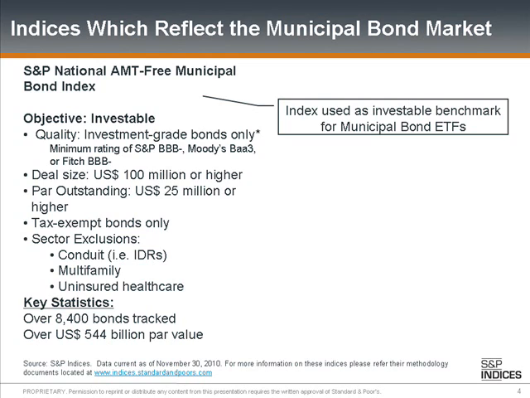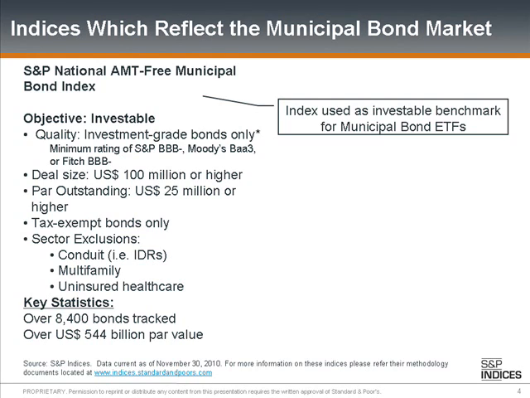The index design is for it to be investable. It includes only investment-grade bonds. Bonds must have a rating of S&P BBB-, Moody's Baa3, or Fitch BBB- to be included in the index.